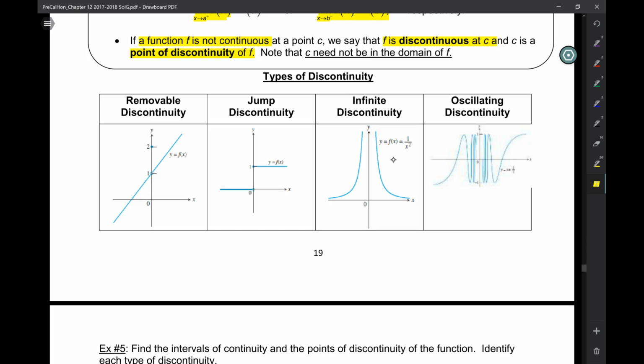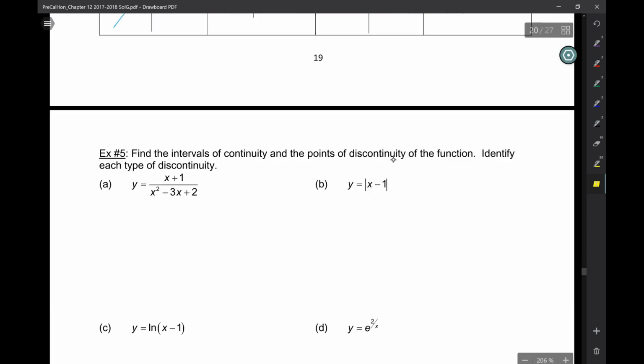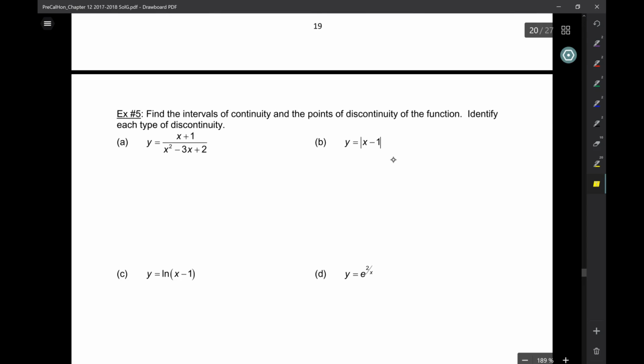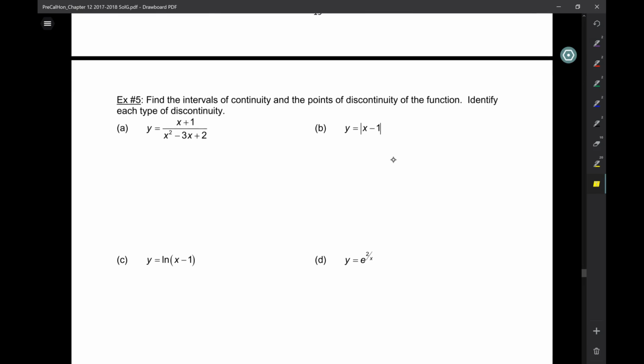We've done all those. New is oscillating discontinuity, because the limit doesn't exist, so how could it be the same as the point? A removable discontinuity is just a hole, and a jump discontinuity is a jump, like a piecewise function, and oscillating is just a fantastic sinusoidal function.